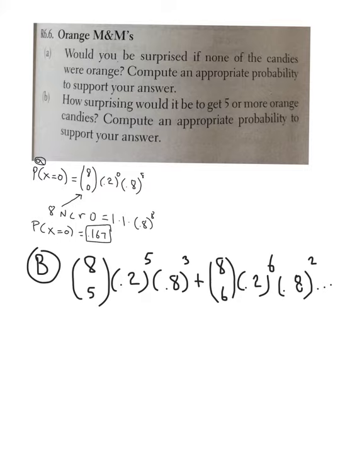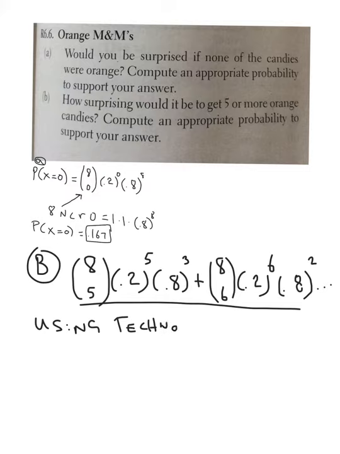Okay, so we have to do the probability for 5, 6, 7, and 8. So I kind of indicate this, and then a lot of times in the answer book they say, using technology. Okay, so that says, okay, I know what the formula is. I'm not going to do all that stuff. I'm going to use technology, in other words, the calculator.